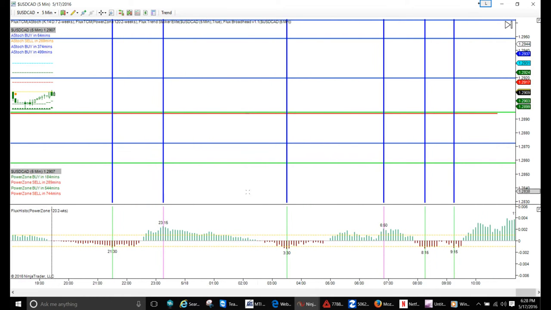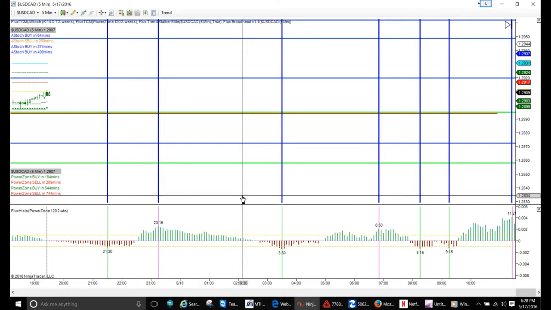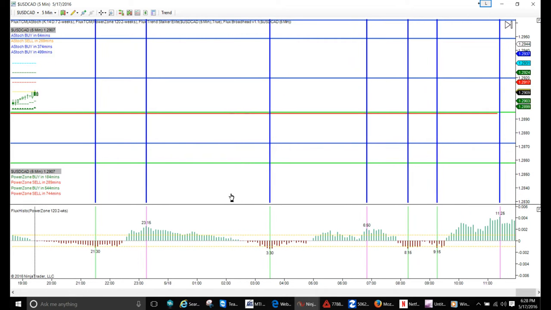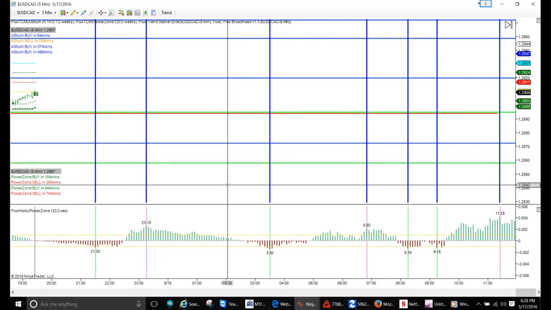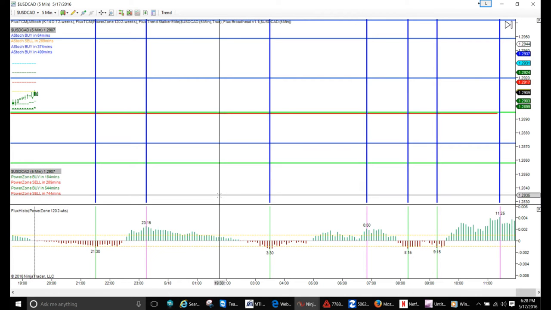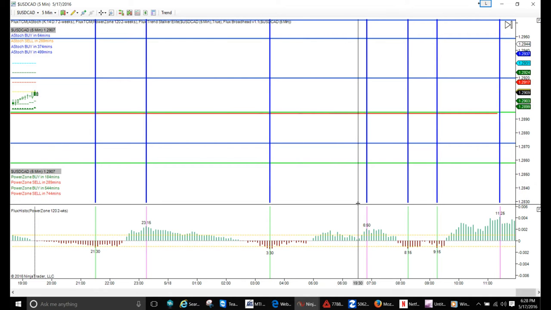But with this software, you can get some pretty precise entries, and not only precise entries, but incredibly tight stop losses. And that's the key, to keep those stop losses tight, because if it goes the other way, you don't want to be in the trade. All right, traders. So I will update you on these positions when I do take them.